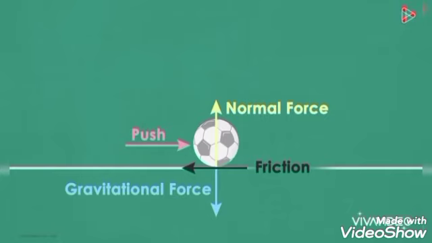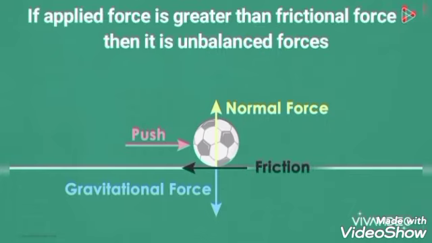Yes, the body moves. That is, here the applied force on the ball is 10 Newton and the frictional force is 5 Newton. That is, the applied force is greater than the frictional force. So, it is an unbalanced force.